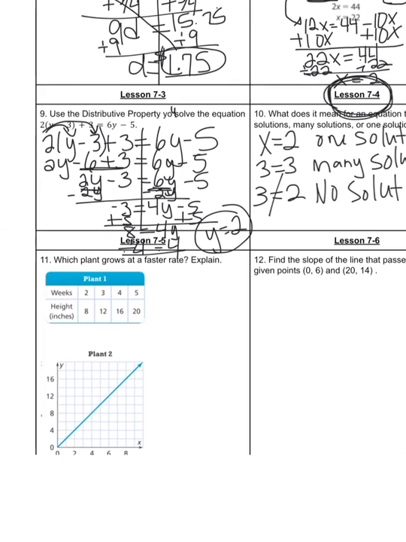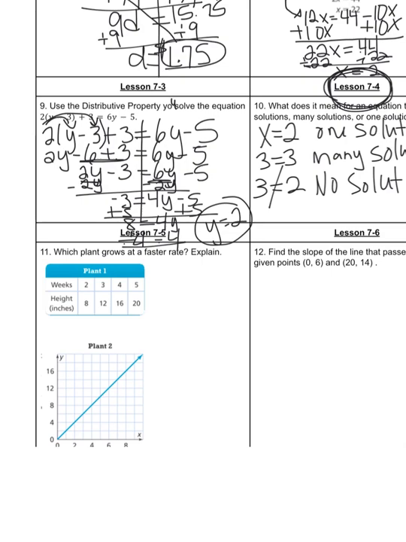Number 11, which plant grows at a faster rate? So with this, we have to find the slope, okay? Or we could find out the unit rate, which is 1. So a lot of you know that for 2 weeks, if the plant grows 8 inches, we know for 1 week the plant has grown 4 inches.